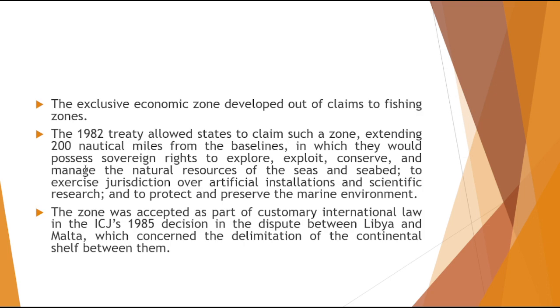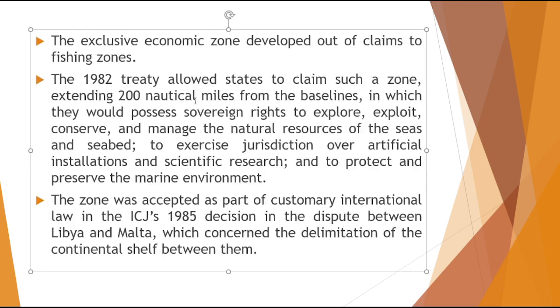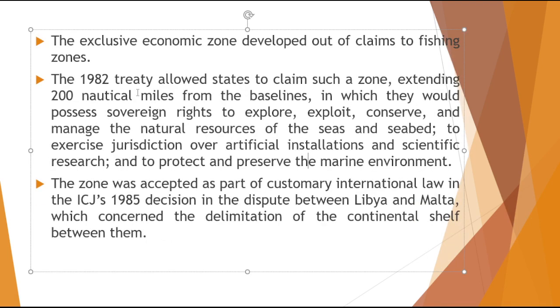The EEZ developed out of the claims of fishing zones, right? It was not there earlier, but in the 1982 treaty it was established. The 82 treaty allowed states to claim such a zone extending 200 nautical miles from baselines, in which they would possess sovereign rights to explore, exploit, conserve, and manage natural resources of the seas and seabed, to exercise jurisdiction over artificial installations and scientific research, and to protect and preserve the marine environment.